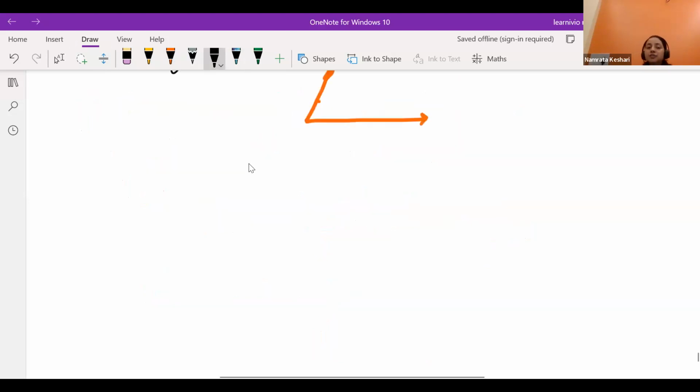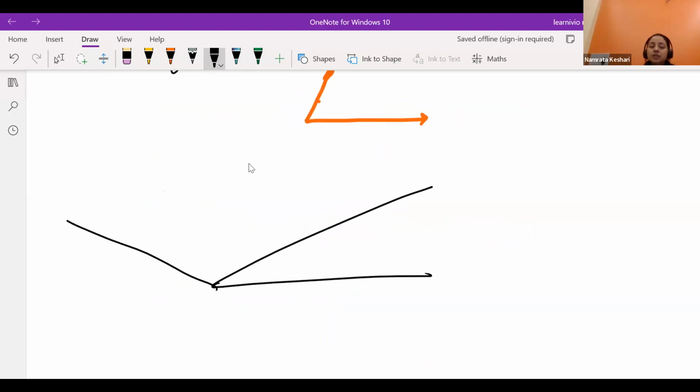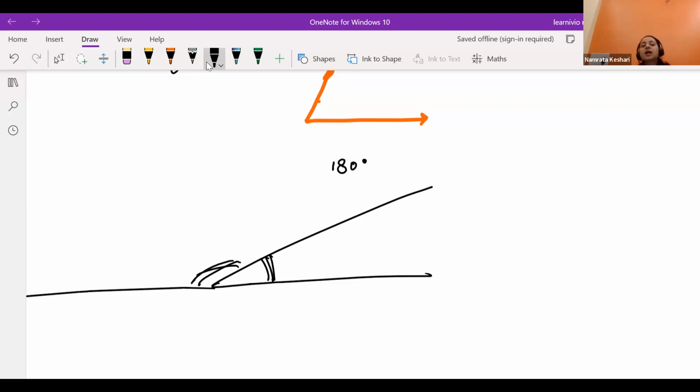If you are having two such adjacent angles, where the sum is 180 degrees, then the non-common arms.